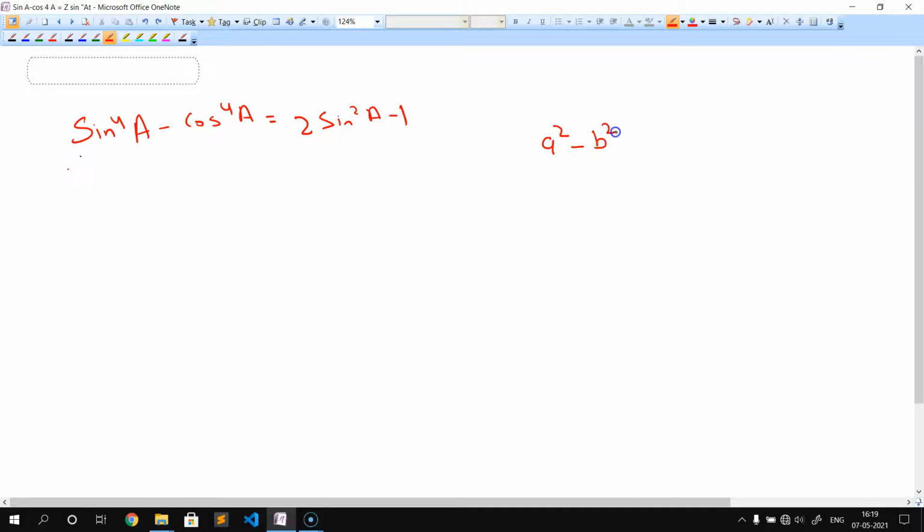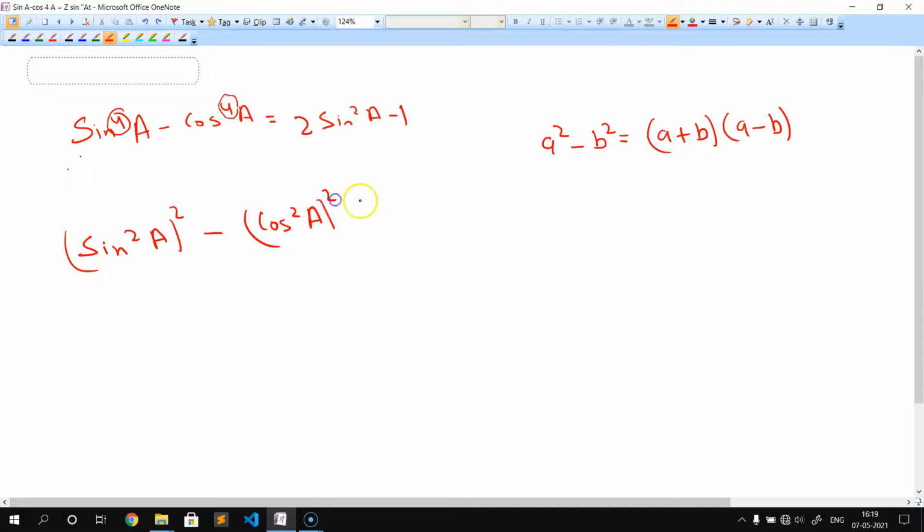A square minus B square is equal to (A plus B) into (A minus B). So first of all we have to convert it into to the power 2. So we can write it as (sine square A) whole square minus (cos square A) whole square.